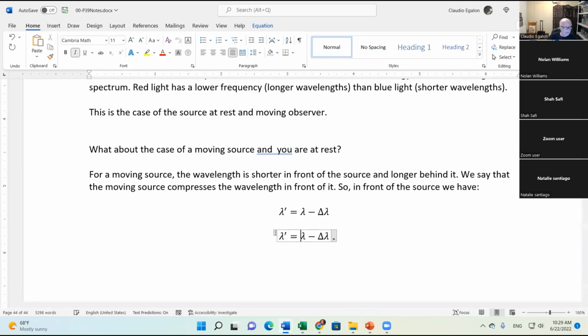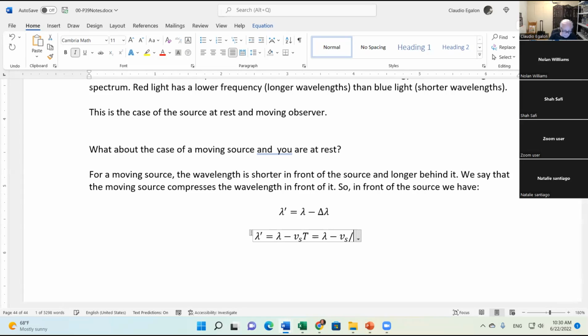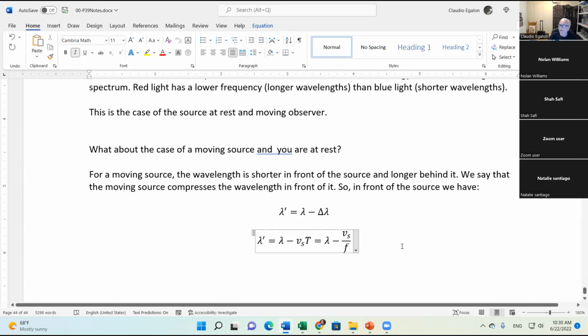What we can state is that this new wavelength is going to be the velocity of the source times the period of the source itself, which can be rewritten as the velocity of the source divided by the frequency of the wave.